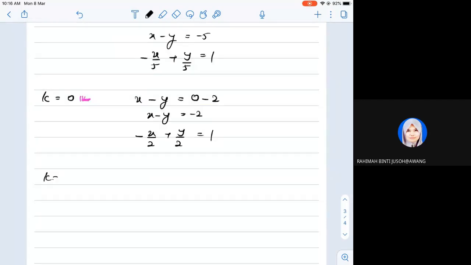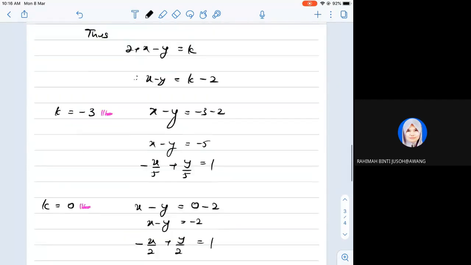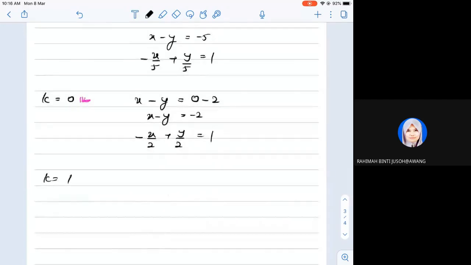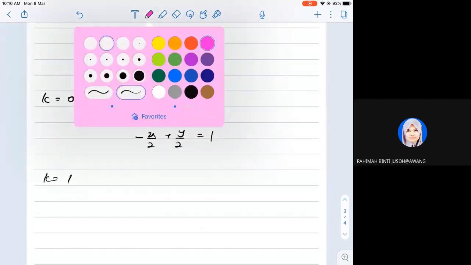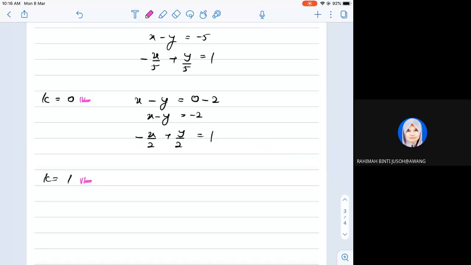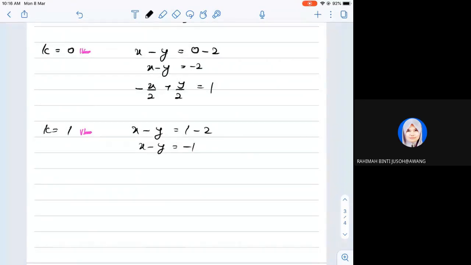Alright, and then k equals to apa lagi? 1. We will have x minus y equals to 1 minus 2. So x minus y equals to negative 1. So it will be negative x over 1 plus y over 1 equals to 1 lah.